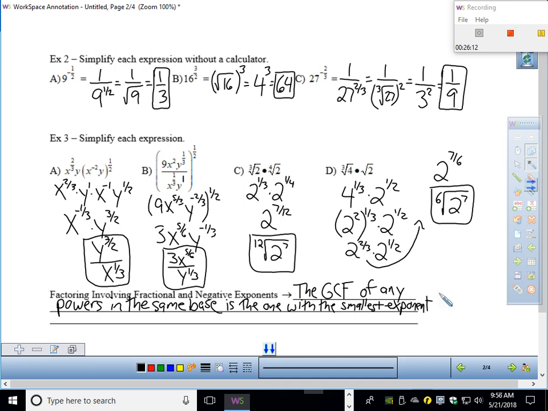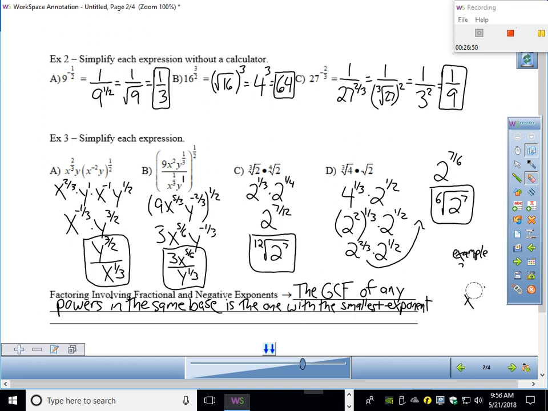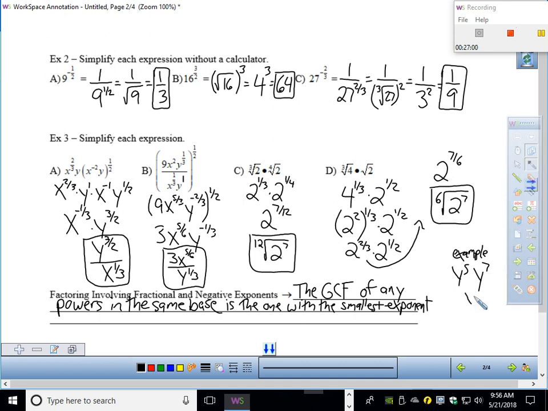But again, the GCF of any powers in the same base is the one with the smallest exponent. So very simply, an example of this: if I gave you these two powers in the same base, and I said, what is the greatest common factor of x squared and x to the third? The GCF would be x squared. It's the smallest of the two. If I had y to the fifth and y to the seventh, you would say it's the smaller of the two.